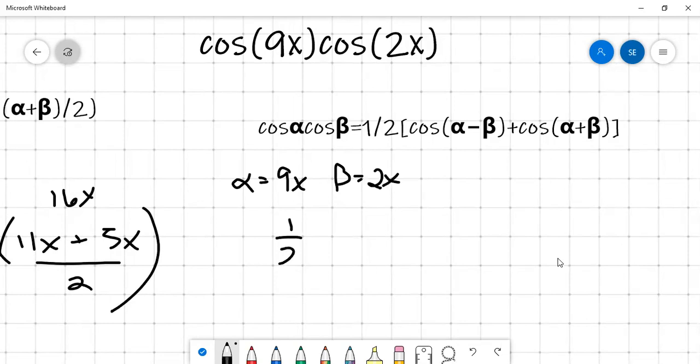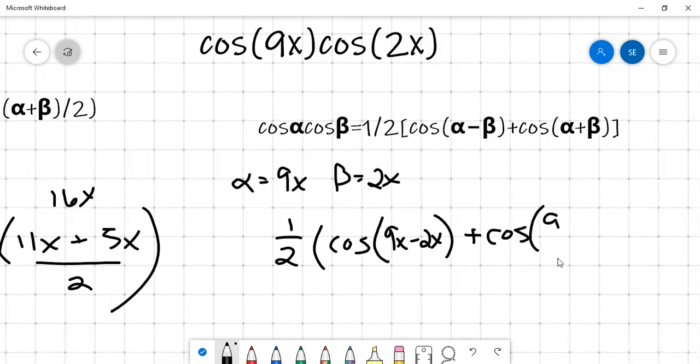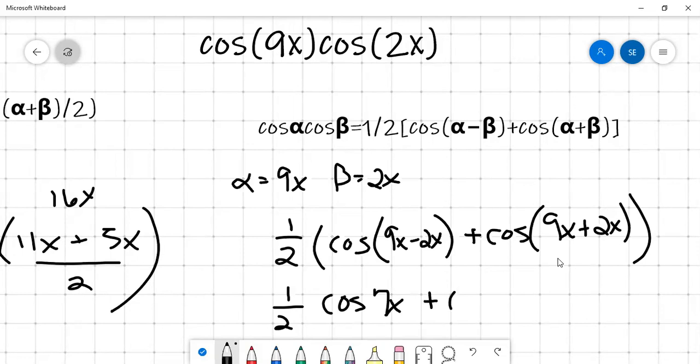This is going to be 1/2 times cosine of alpha minus beta, so 9x minus 2x, plus cosine of alpha plus beta, 9x plus 2x. Then we just have to simplify this. This is 1/2 of cosine of 9 minus 2 is 7x, plus cosine of 9x plus 2x is 11x. There's parentheses around all of this.